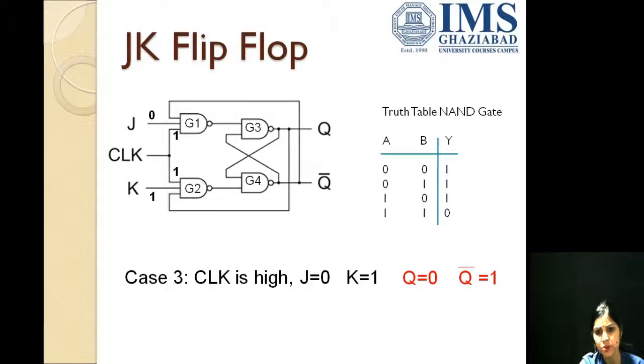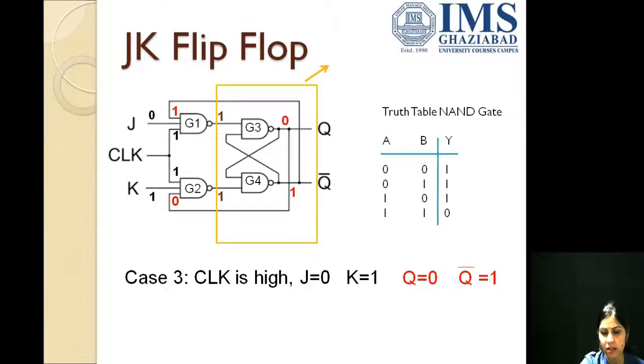Q is equal to 0 and Q bar is equal to 1. Now the inputs for G2 NAND gate would be 1 1 0, and for G1 NAND gate it would be 1 1 0. That means in both the cases for G1 and G2 the output would be 1. And now again it behaves as an SR latch with NAND gate.